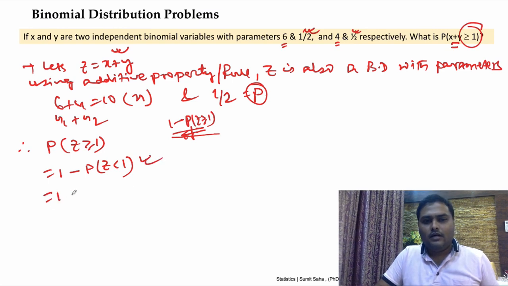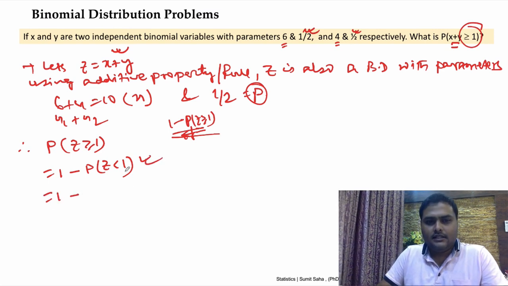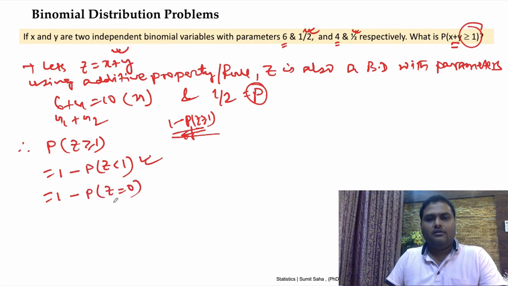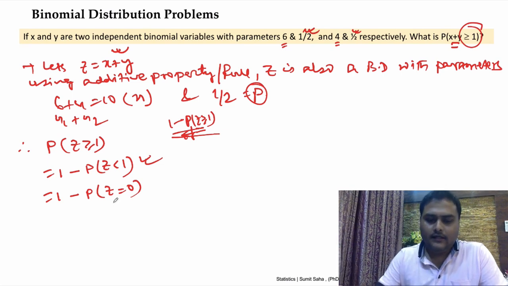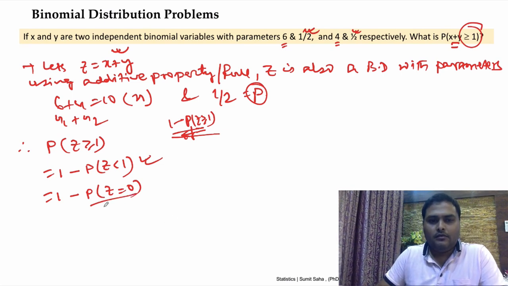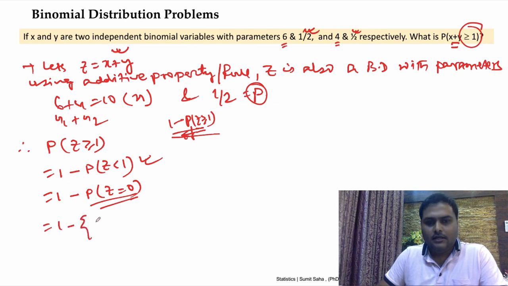So in that case 1 minus the probability of z less than 1 is nothing but the probability of z equals 0, because we have only the 0 value less than 1. Clear? Now we need to find the probability of the z value and subtract it from 1. So this is nothing but 10C0. Why?